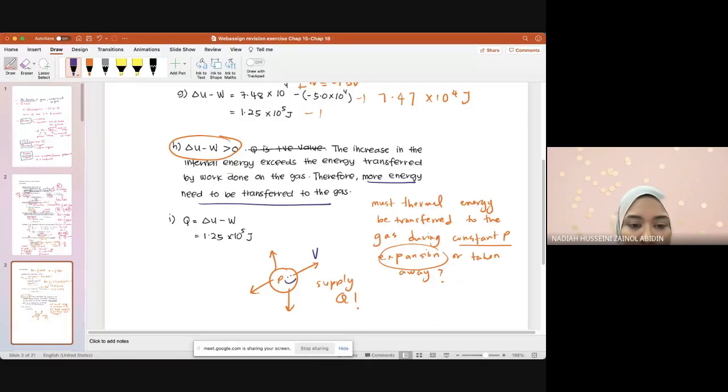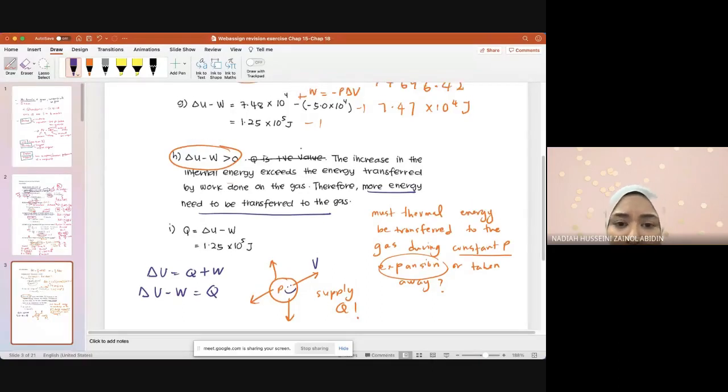So here, based on the first law of thermodynamics, you know that delta U is equal to Q plus W. So delta U minus W is equal to Q. And you have delta U, you have W. So here, sama je lah kan, sama dengan jawapan kat sini. Okay, so it's just Q. Okay, this is based on the first law equation, first law of thermodynamics equation.